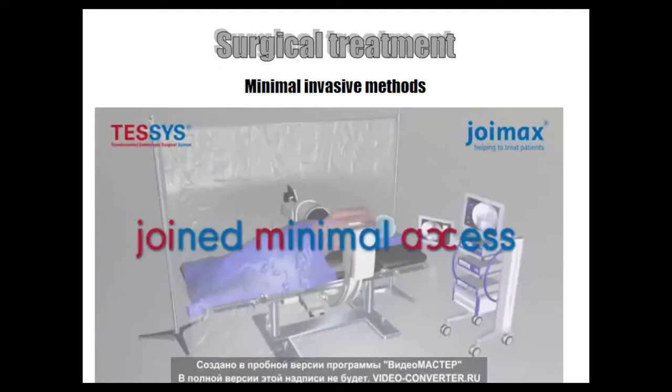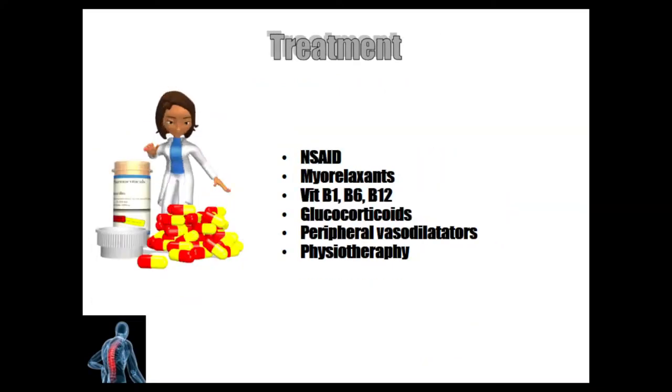Okay, let's finish with the conservative treatment. So glucocorticosteroid injection, then peripheral vasodilators. If you see that your patient has some ischemia, nerve ischemia symptoms, such as numbness or some motor dysfunction, then you should use medicine which will improve blood circulation, and usually it is Trimtal or pentoxifylline intravenous injection.